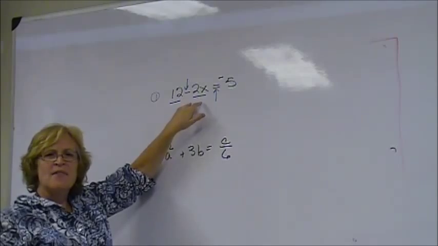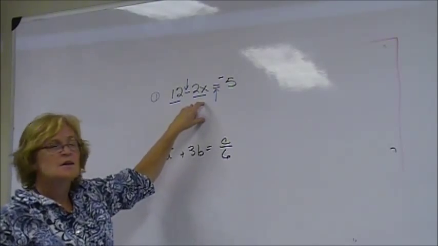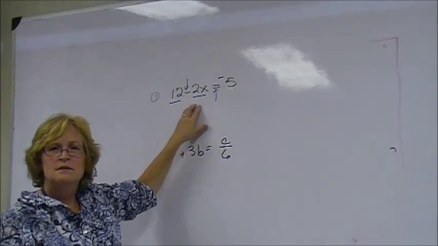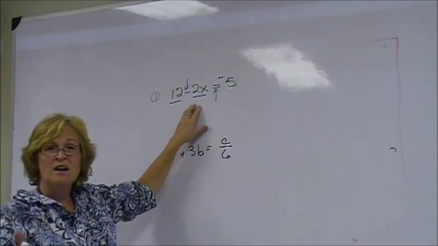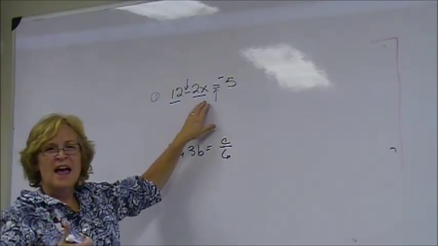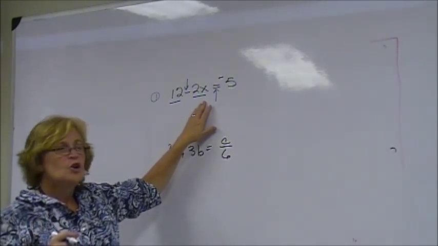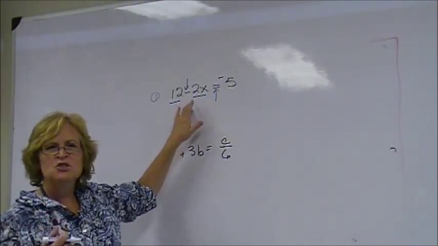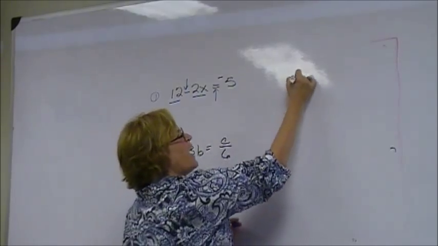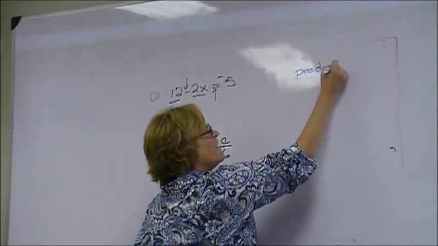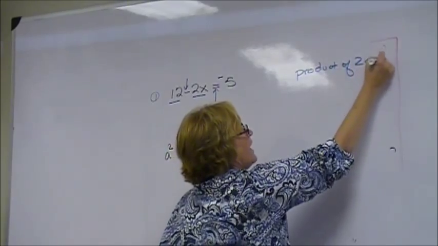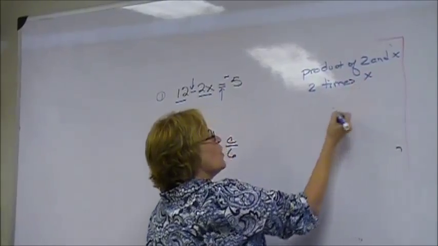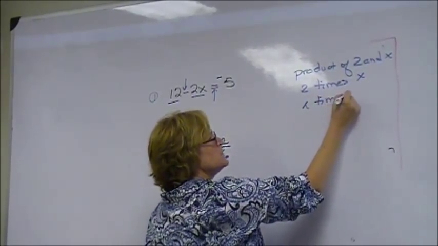You have to talk about that one, and you can't just say 2x. What is 2x? 2x is a product. You can either say the product of 2 and x, or you could say 2 times x, or you could say x times 2. Wow! So I could do the product of 2 and x, or I could do 2 times x, or I could do x times 2.